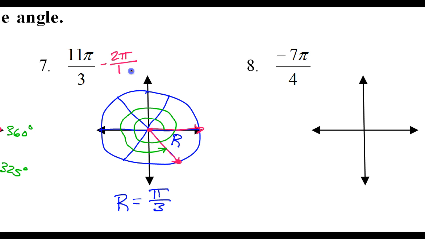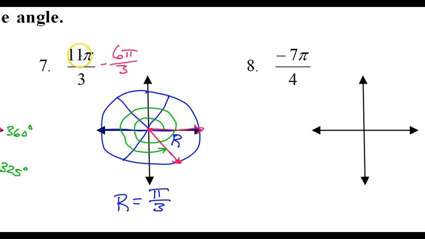The way you subtract 2 pi is you get like denominators: 2 pi over 1, multiply everything by 3, so this is going to be 6 pi over 3. I don't have enough space for this, so I'm just going to erase it. So I've got 6 pi over 3 is the same as 2 pi.